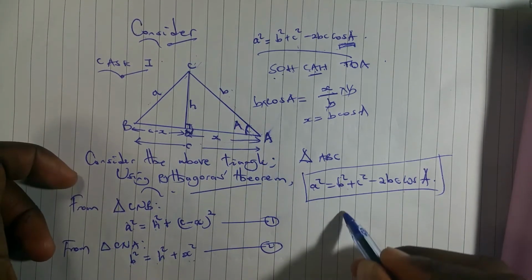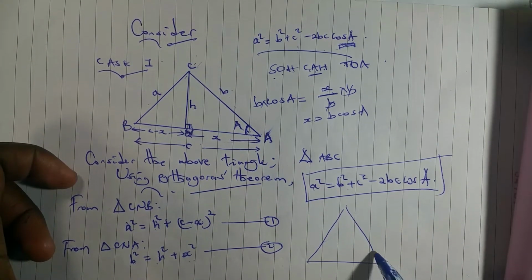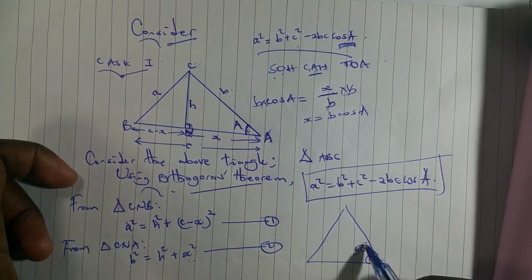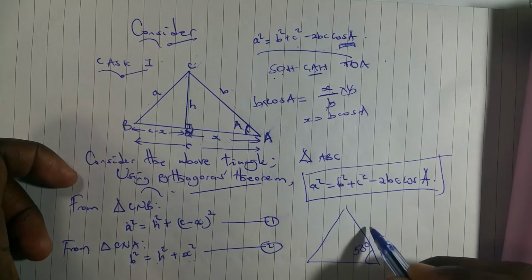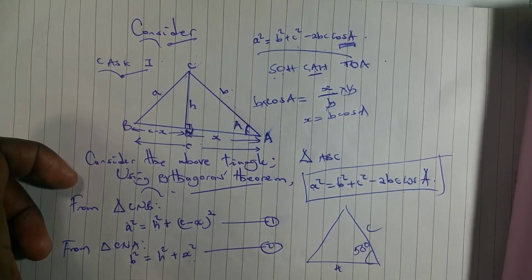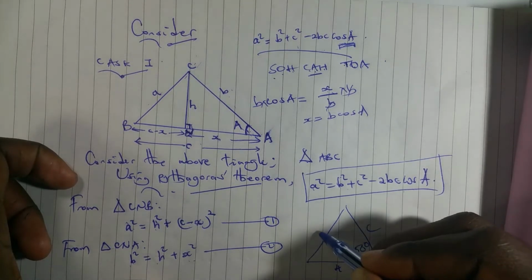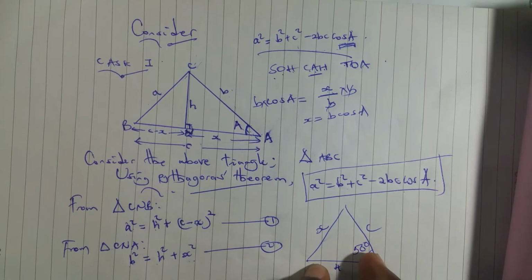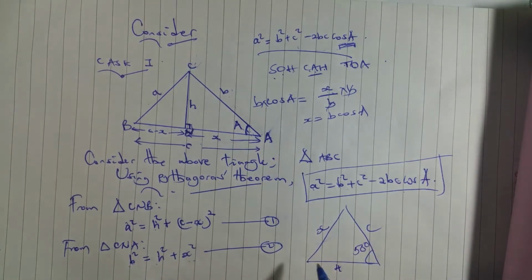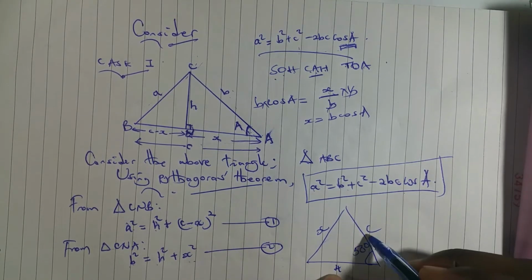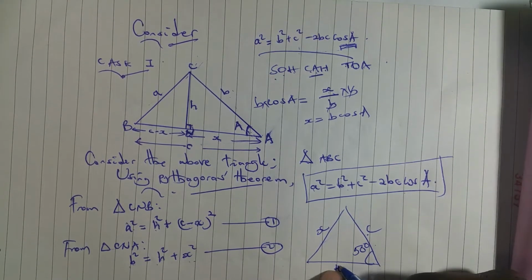How do you know that? For example, if I give here 50 degrees, I have here 4, I have here c, and here let me say I have x. How would you express your cosine rule here? You realize that we first need to determine the sides which form the angle, this side and that side.